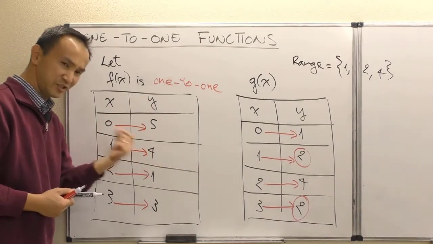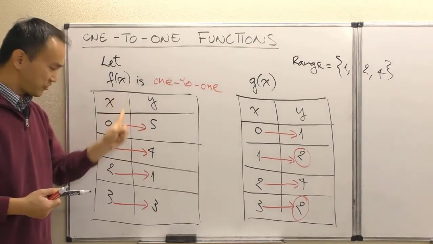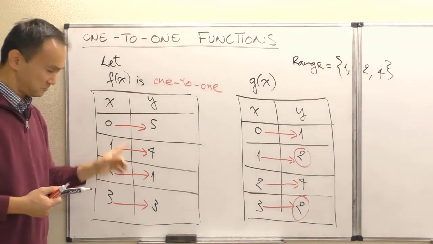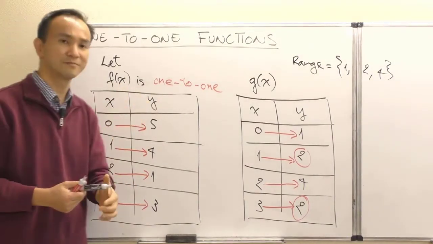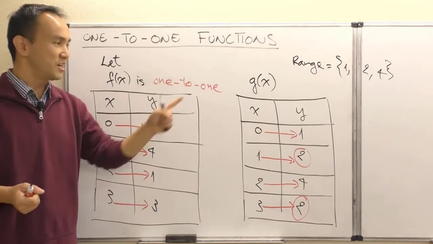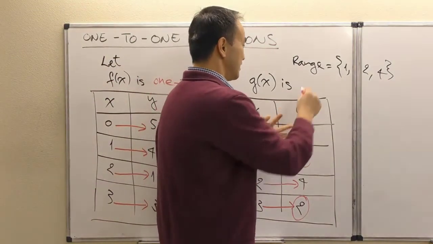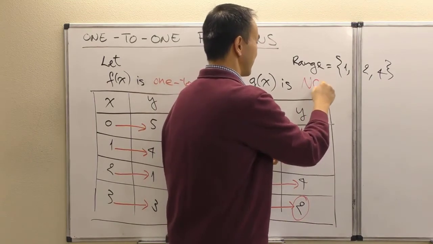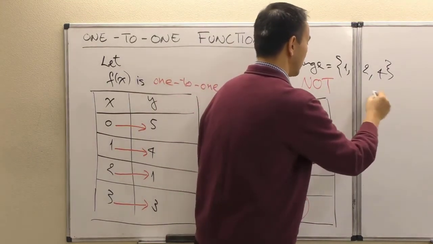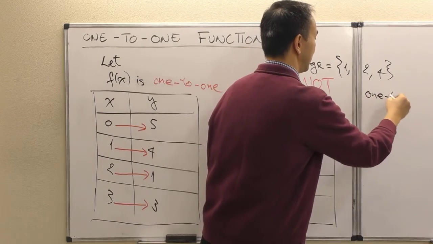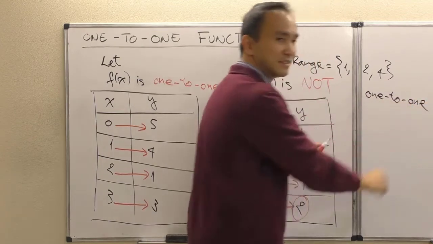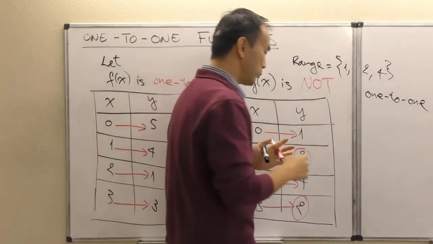That's why this function f, the way this table is, is one-to-one. Whereas this function g right here, I can say g is not one-to-one.